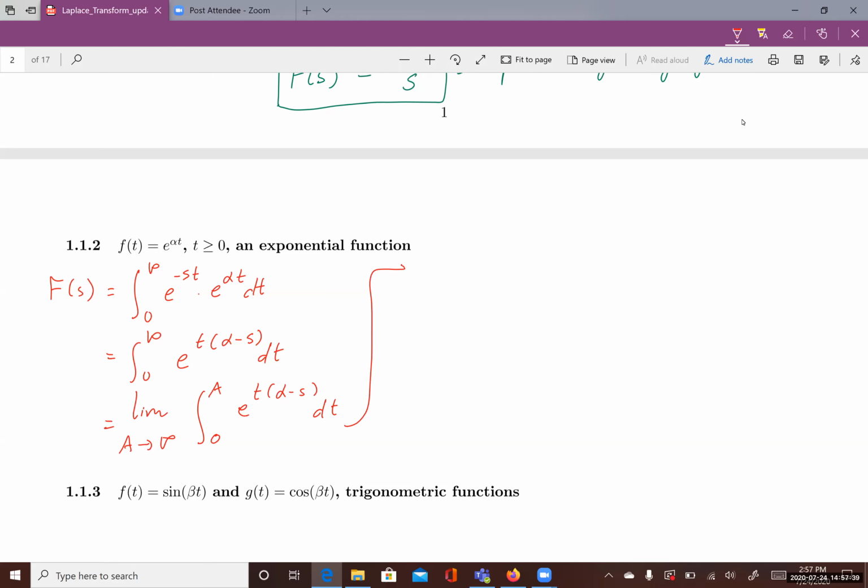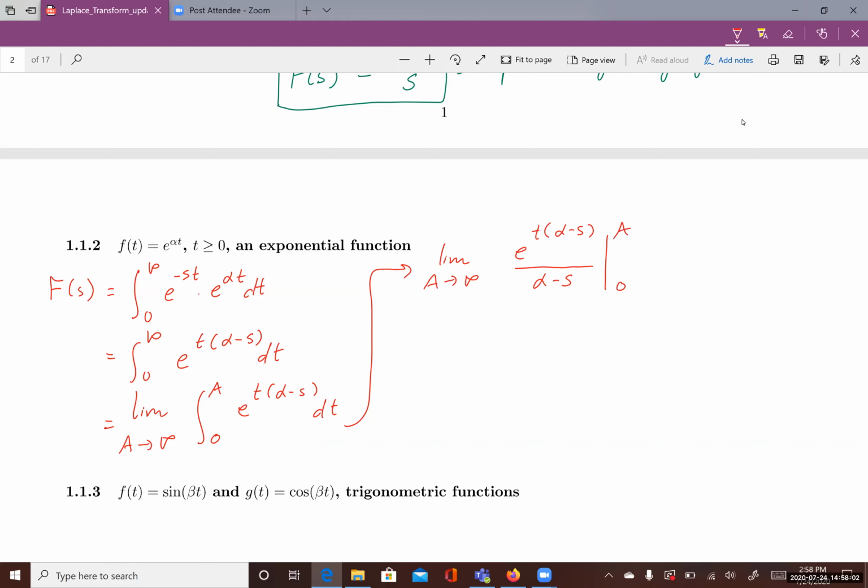Okay. And from here, you are trying to find the antiderivative of this exponential function. It's going to give you e to the t times alpha minus s divided by alpha minus s, integrated from 0 to a.